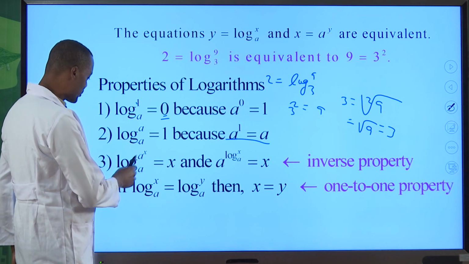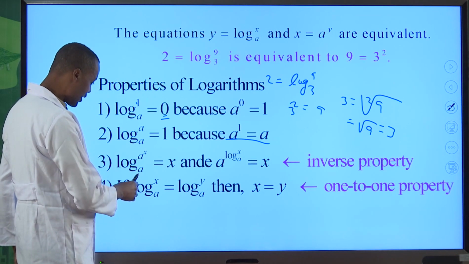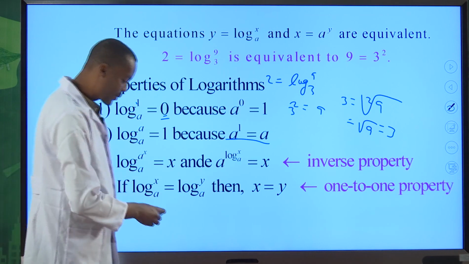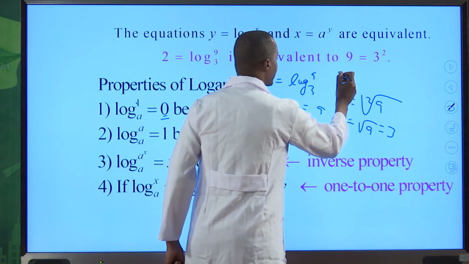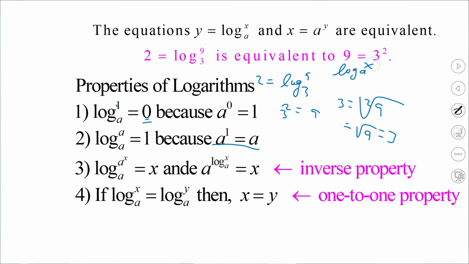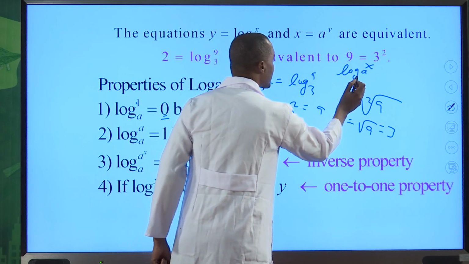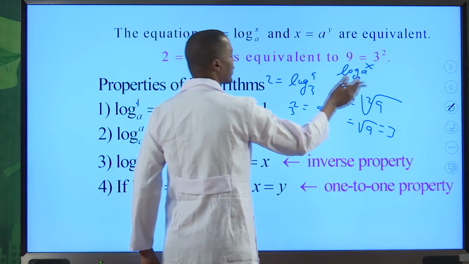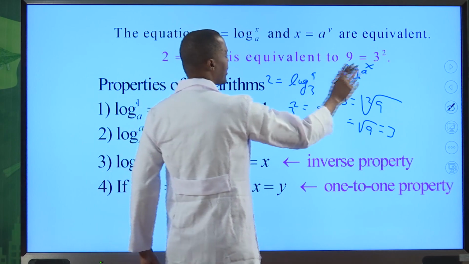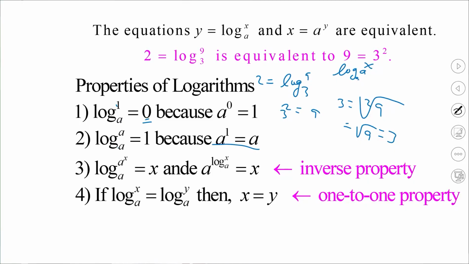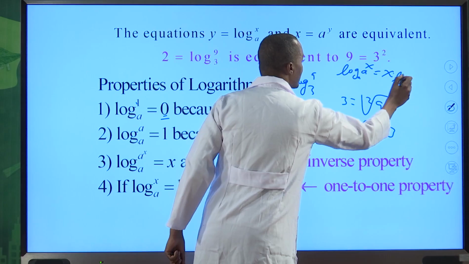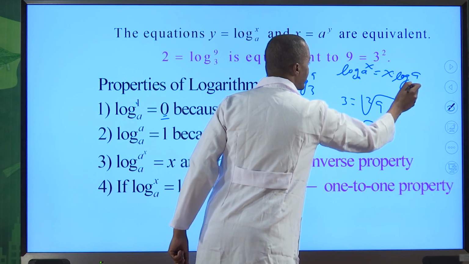And if I have logarithm of a to the power of x to the base a, it will give me x, because logarithm has a property that if I have logarithm of an exponential a to the power of x to another base, which is also a, I can rewrite this one as x times logarithm of a to the base itself.